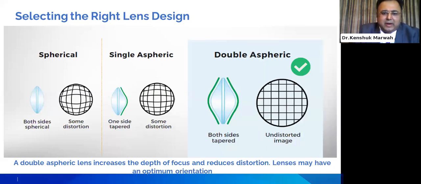The advantage with the Volk lens is that it is not single aspheric but a double aspheric lens with both sides tapering, and that gives an undistorted image, which helps us reach a better diagnosis and hence a better treatment. A double aspheric lens increases the depth of focus and reduces distortion. So the lenses may have an optimum orientation for us to reach a clinical diagnosis.